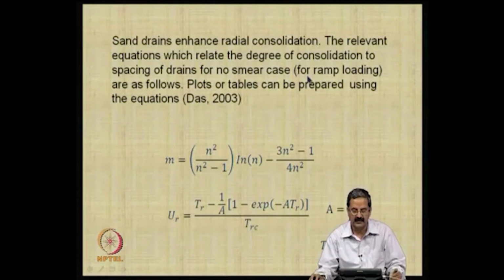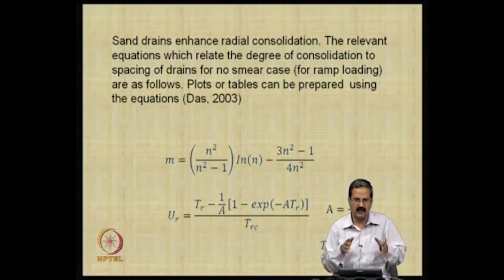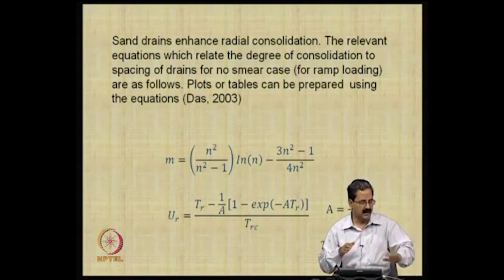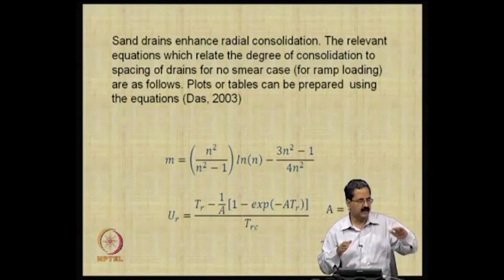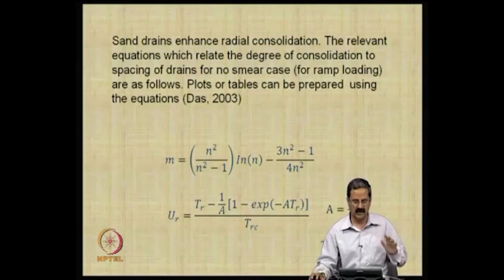Actually, there are two types of loading, one is called ramp loading, the other one is instantaneous loading. In the sense, loading can be applied suddenly, but in ramp loading you slowly construct one by one, like a ramp, maybe 10 kPa, 15 kPa, 20 kPa, 40 kPa, 50 kPa, 60 kPa. So, that is a load that you can have.